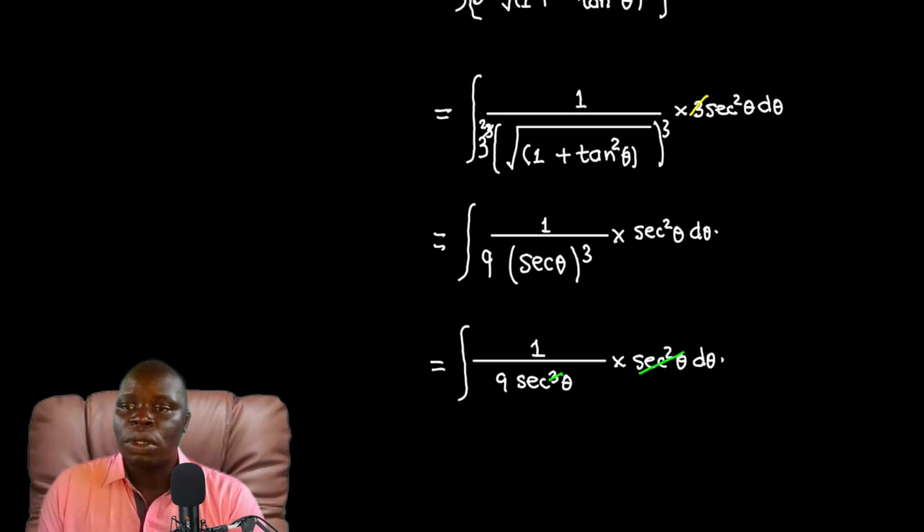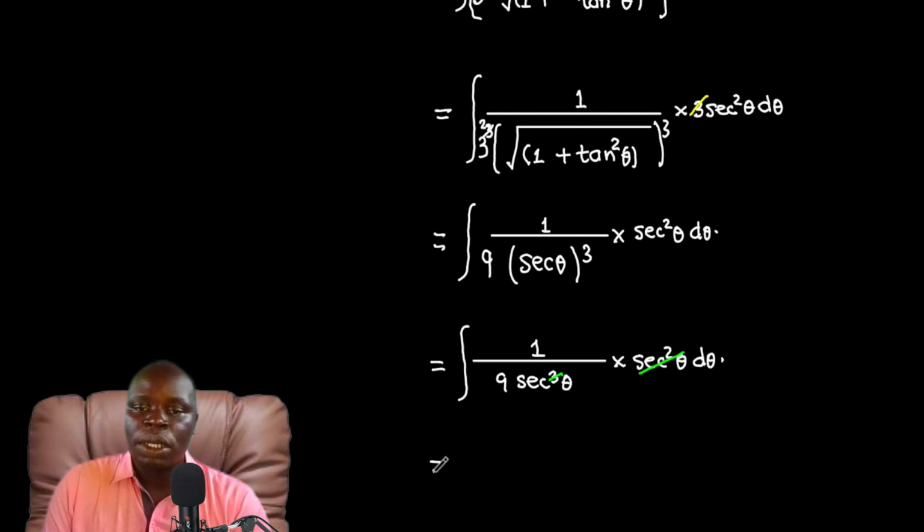So in our next step, we can rewrite this one as the integral of 1 over, let's bring this 9 outside, so we have 1 over 9, and the only thing left here is secant theta because 2 of them cancel, so with respect to theta.